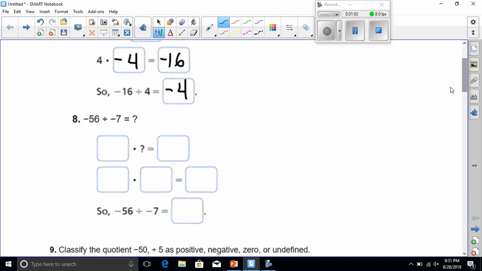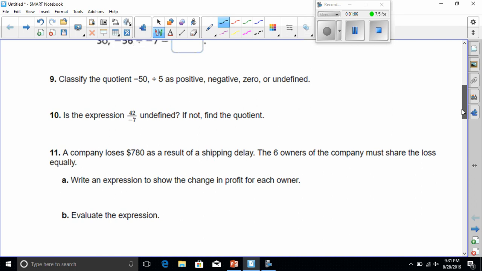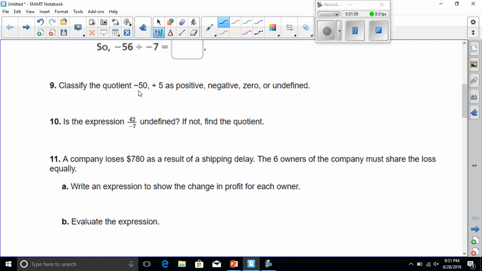You guys have number 8. Number 9. Find the quotient negative 50 divided by 5.